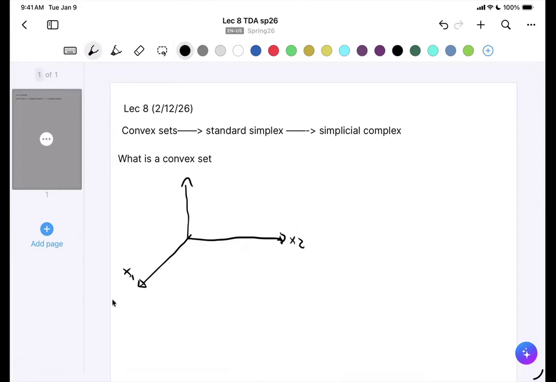So, in dimension n, and then you have a subset. Well, actually, this is not going to be convex. Let me try to draw something that will look a bit more convex. So I'll have a subset K. This K is going to be a subset of Rn.